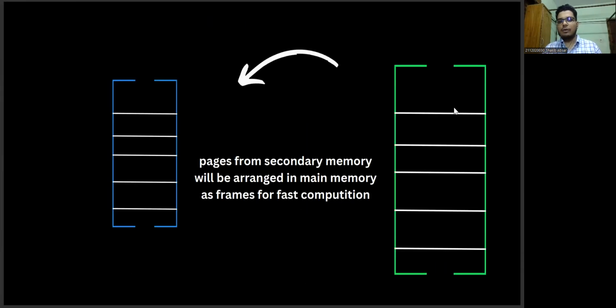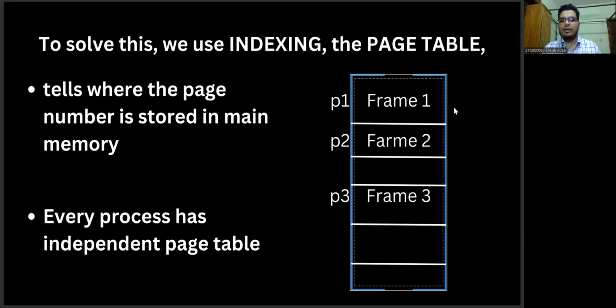Now, as you all know, secondary memory allocates pages. Pages from secondary memory are arranged as frames in the memory for faster computation, as we have learned earlier what pages and frames are. Now, there is another concept that you should know, the page table.